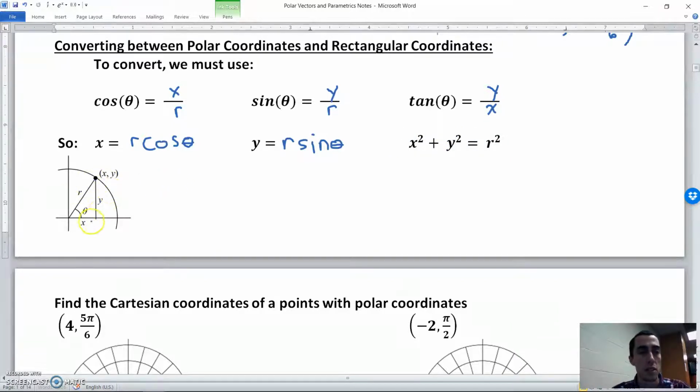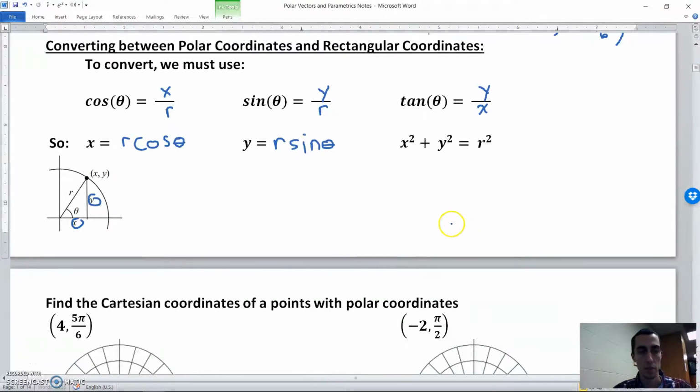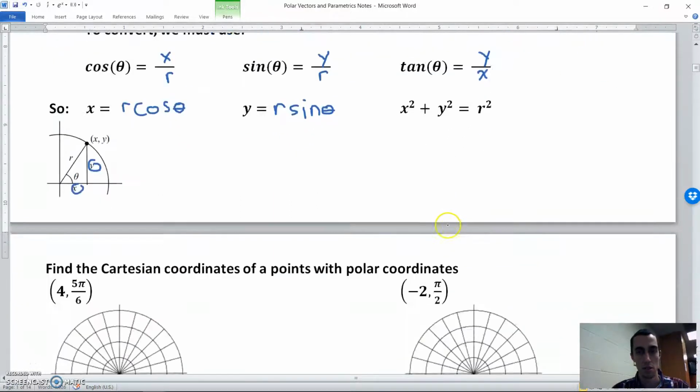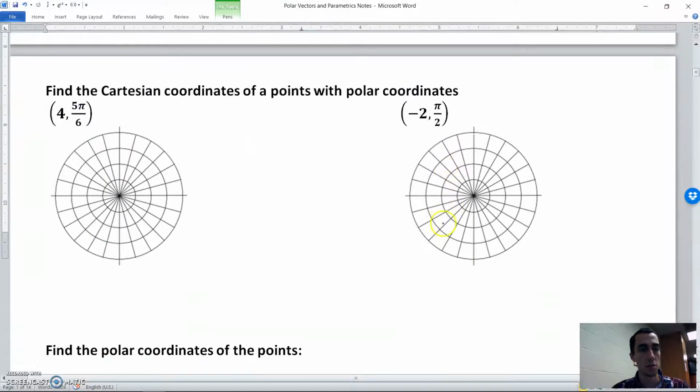Basically, if we've got an x here and a y here, Pythagorean theorem says that x squared plus y squared is going to equal r squared, the hypotenuse squared. So let's keep those in mind when we do this next thing on your next page.